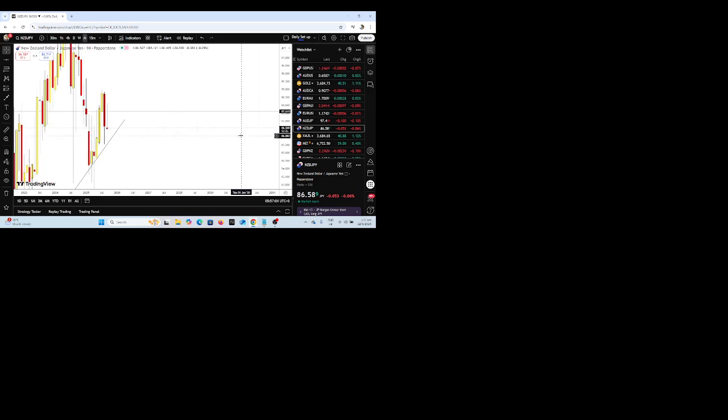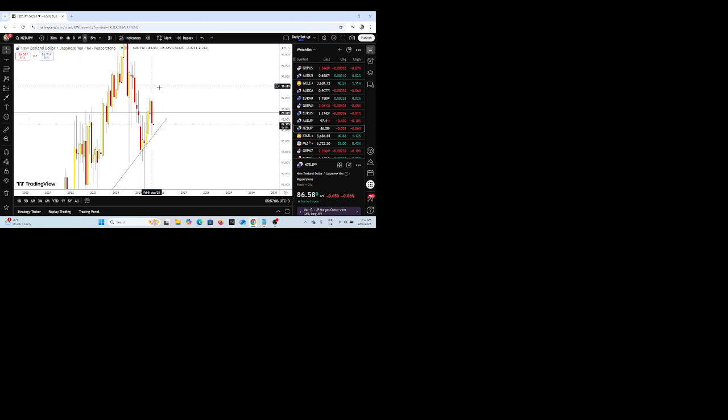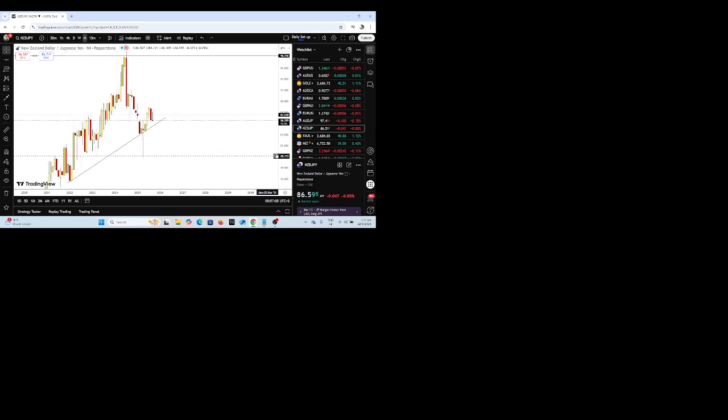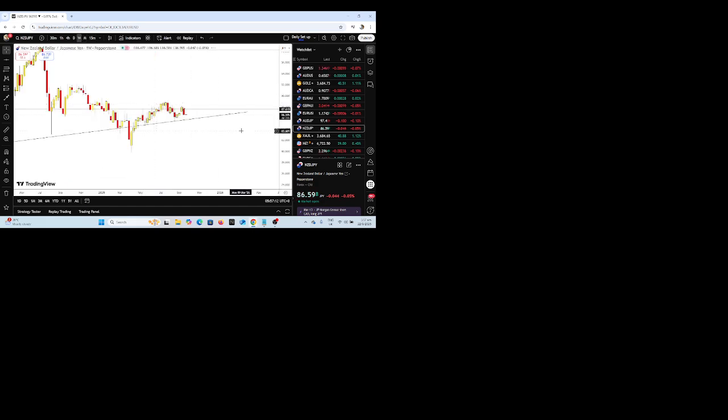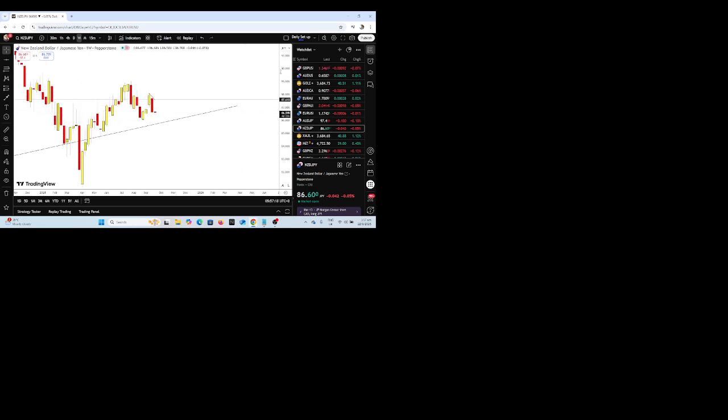Let's see on the monthly time frame: no candlestick formation that I can see, but structure wise still moving towards the upside. From the weekly, we can see that the previous week has broken the support.